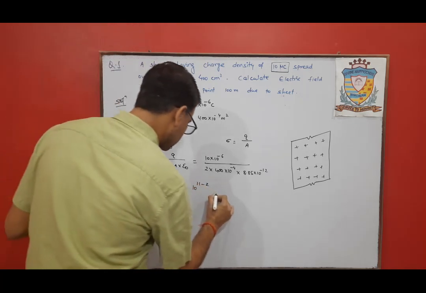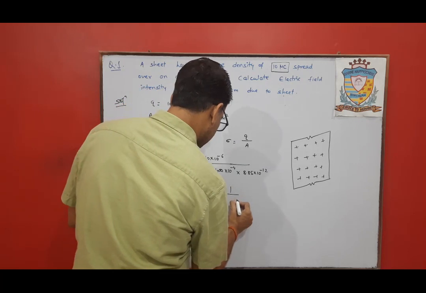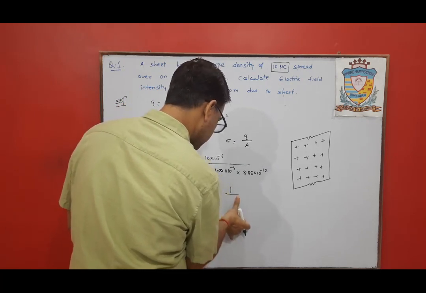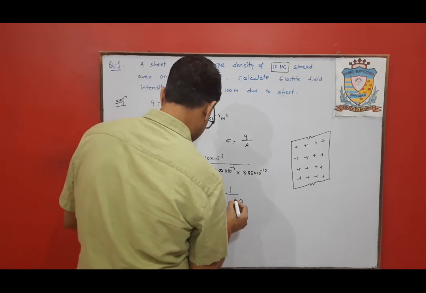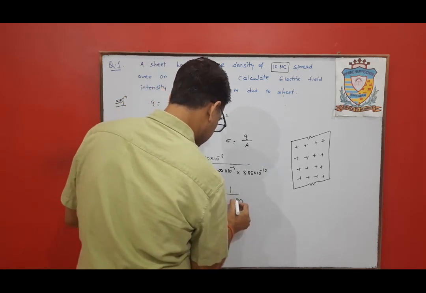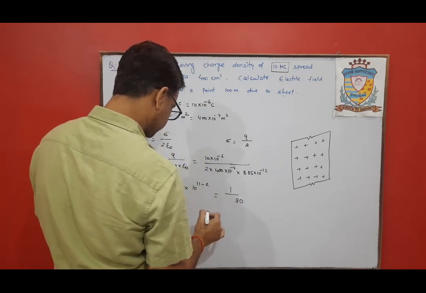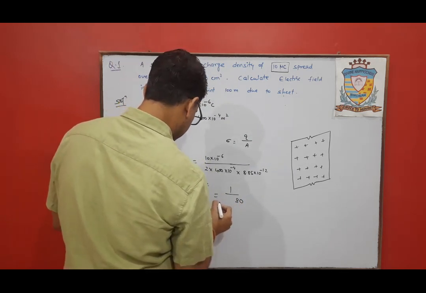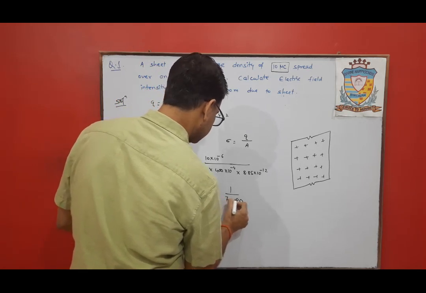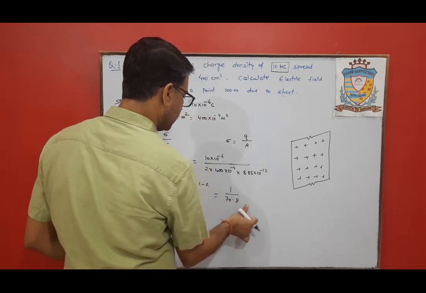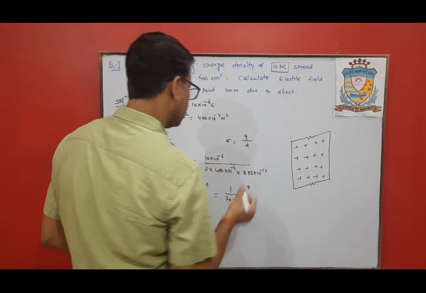Multiplying out, we get 70.8 into 10 to the power 9.